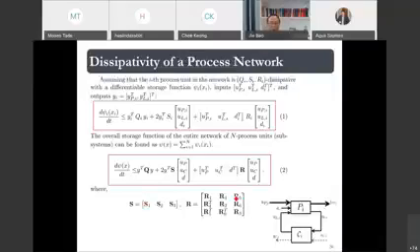Okay, so here's just a simple example. Let's assume that we only look at the process network for the sake of argument, because if you look at both the controller network and the process network, the representation becomes very complex. So in a plant-wide process, you remember we talked about how each process unit can be represented as a two-port system.